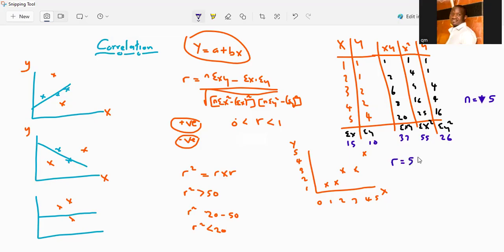5 times summation xy, which is 37, minus x times y. X is 15. Y is what? 10. Over the square root. N is what? Still 5.